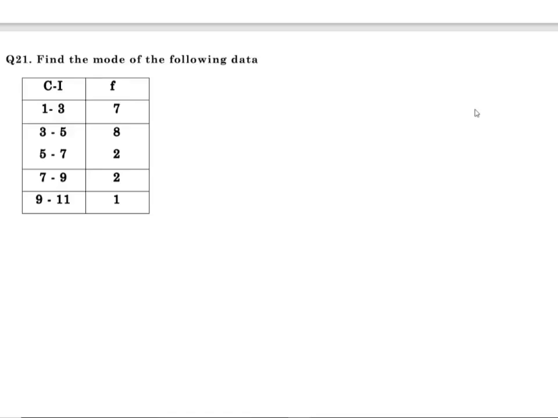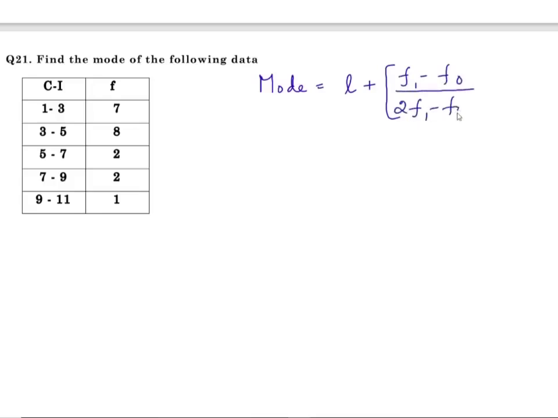Here, what I suggest is, first we learn the mode formula, after that we'll try to solve. Mode equals L plus F1 minus F0 divided by 2F1 minus F0 minus F2 into H. Now we'll try to learn the mode formula.